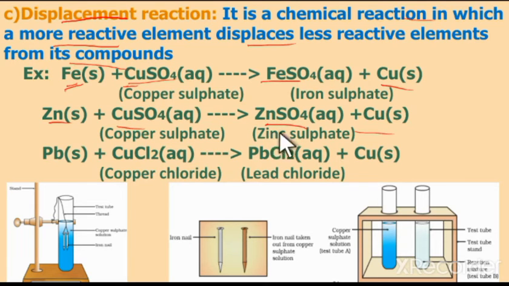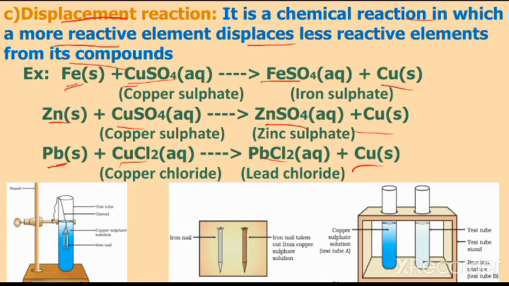Whereas in the case of zinc sulfate, the blue color disappears and colorless zinc sulfate is obtained. Another example, when lead is treated with cupric chloride, it gives lead chloride PbCl2 plus copper. Here also lead is more reactive than copper, so it displaces the copper to give lead chloride.